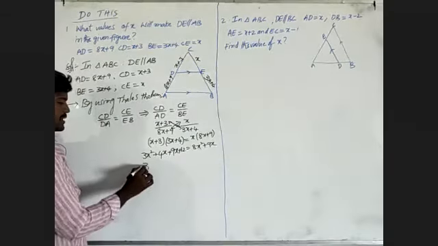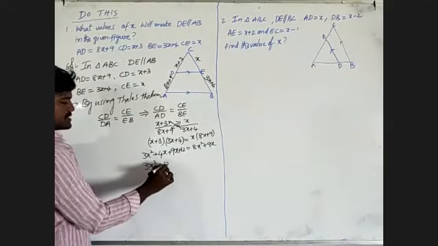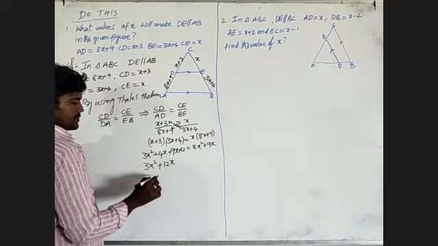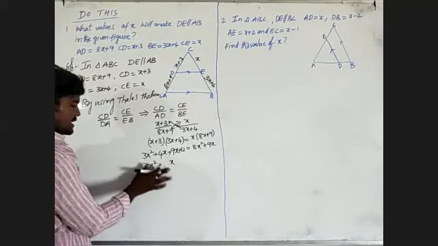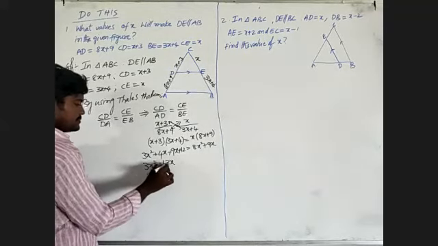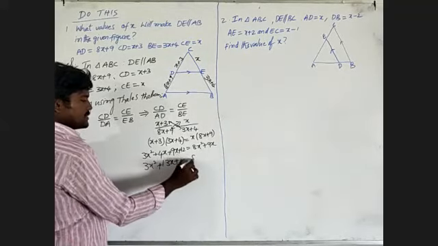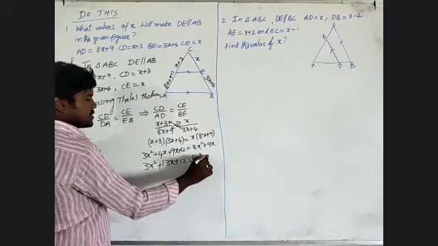That means 3x square plus 13x plus 12 must be equal to 8x square plus 9x. I am sorry, 9 plus 4 is 13x.